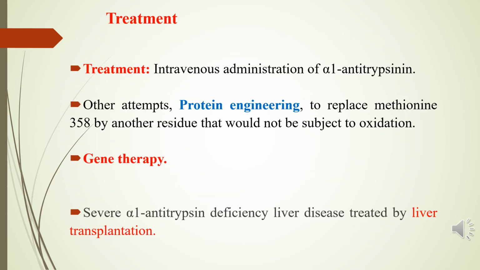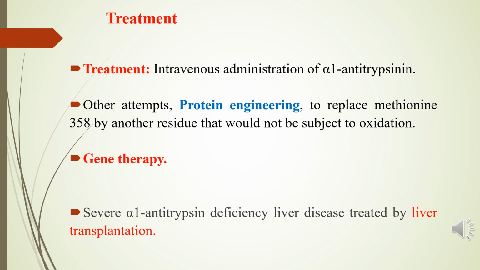For the treatment of these cases, there are different lines of treatment. Some cases are treated with weekly doses of alpha-1 antitrypsin, intravenous administration of alpha-1 antitrypsin in patients with emphysema due to the alpha-1 antitrypsin deficiency.